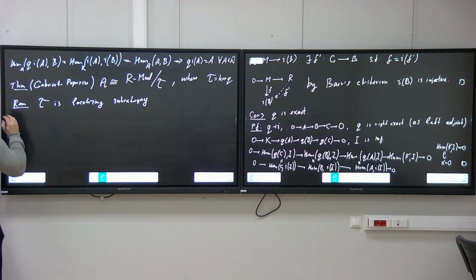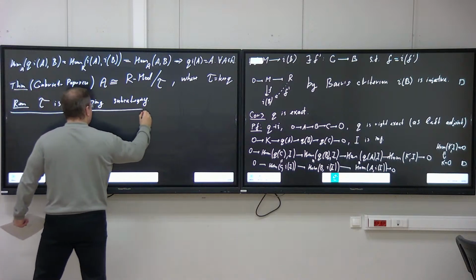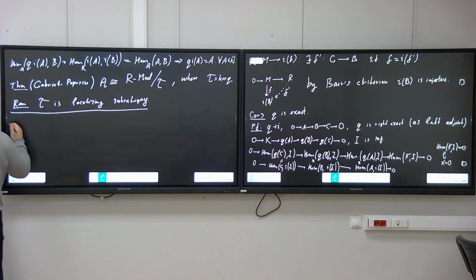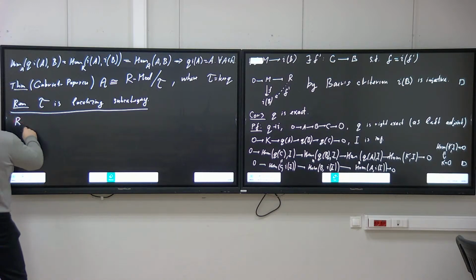It looks like I wrote my notes on two different days, and I think I changed notation. So I have, as before, these categories of R modules.